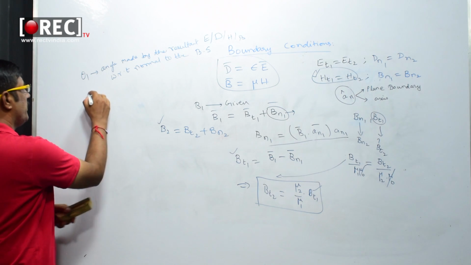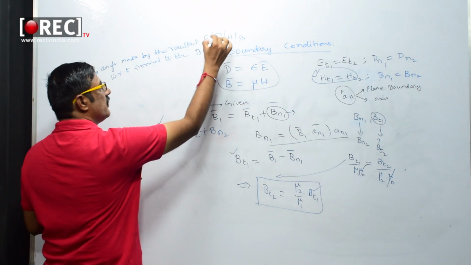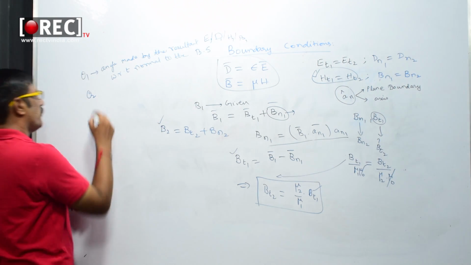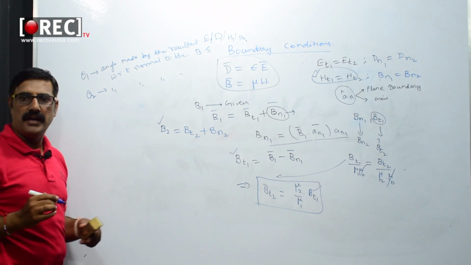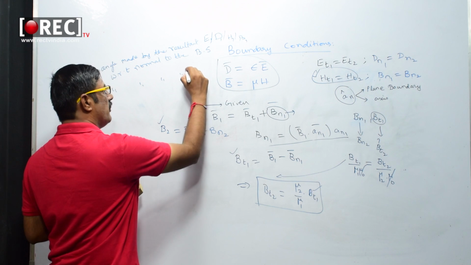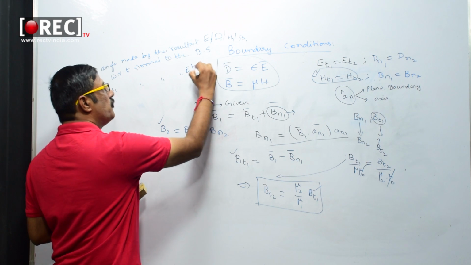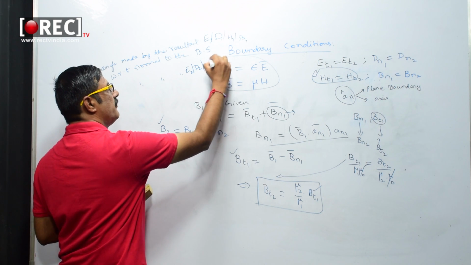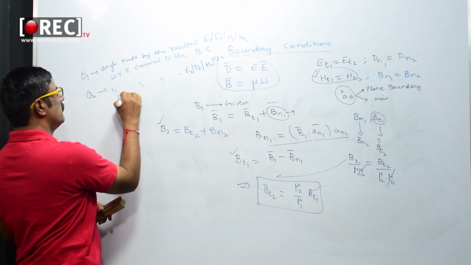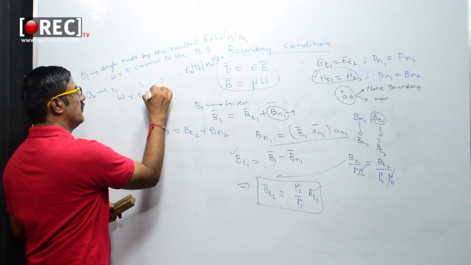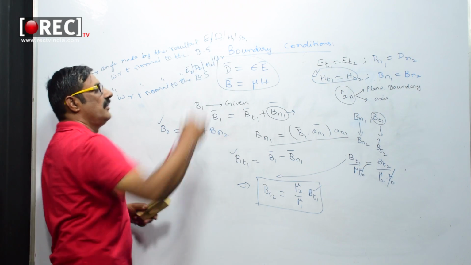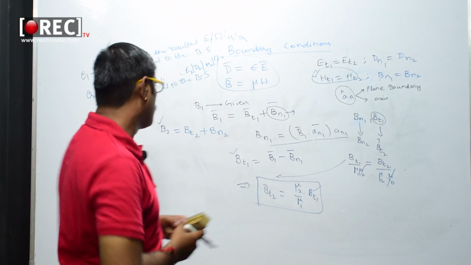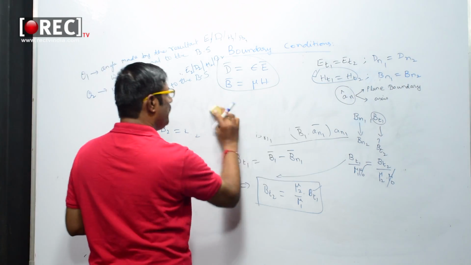Similarly, what is theta 2? These are all ones, E1, H1 and B1. And what about theta 2? The same angle made by the resultant of E2, D2, H2 and B2 with respect to the normal to the boundary surface. So let me explain how to determine theta 2 and theta 1.